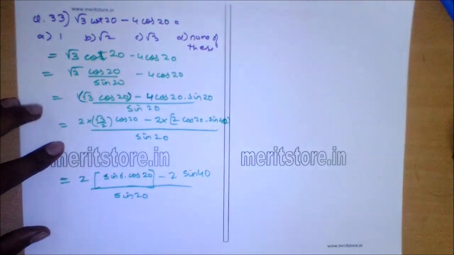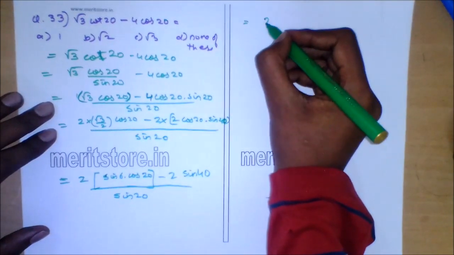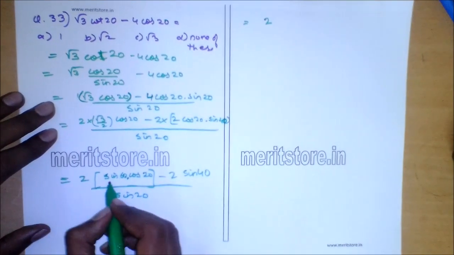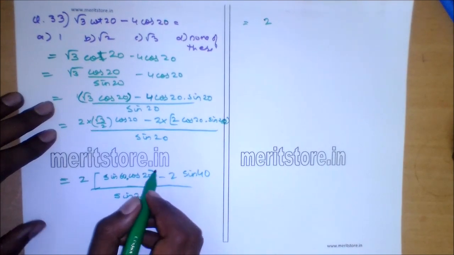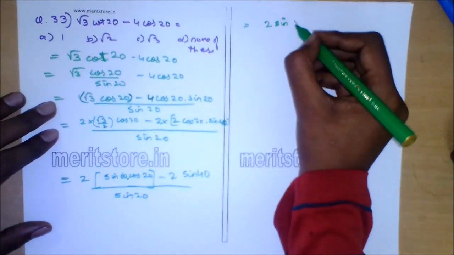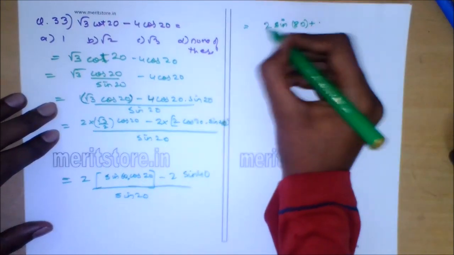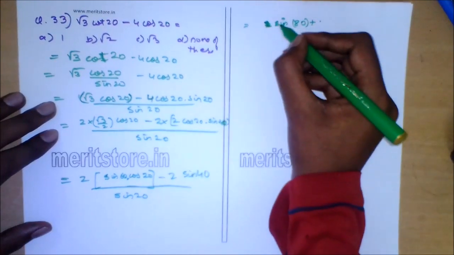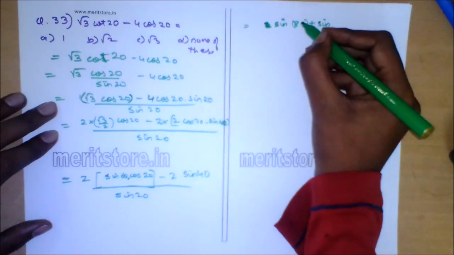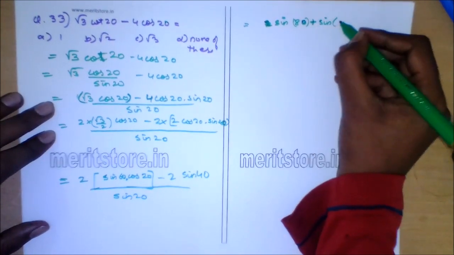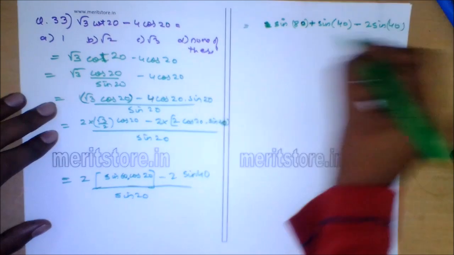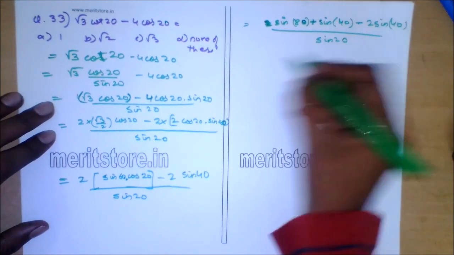sin 20. Now we can convert 2 times sin 60 into cos 20 in the form of sin A plus sin B. So this is sin (60 plus 20), that is 80, plus sin (60 minus 20), that is 40, minus 2 times sin 40, divided by sin 20.